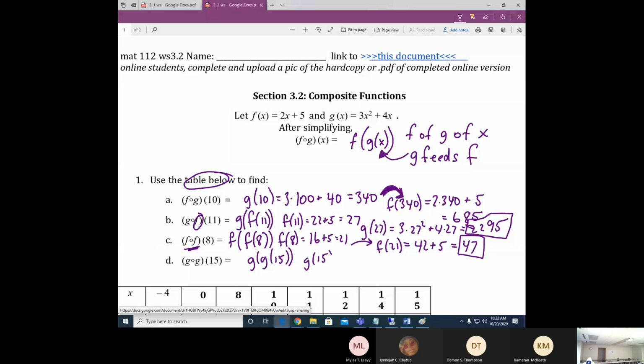It's crazy big. G of 15 is 3 times 15 squared plus 4 times 15. Well, let's figure that out. Since we got on this track, I'll just use my calculator. Clear. 3 times 15 times 15 plus 4 times 15 equals 735.